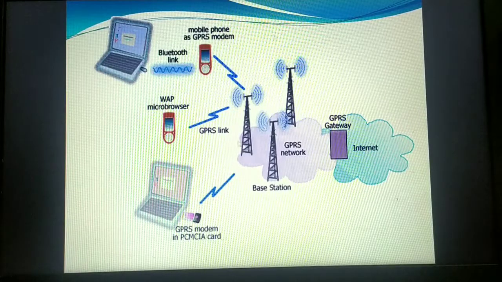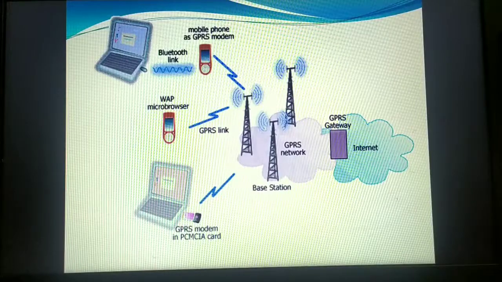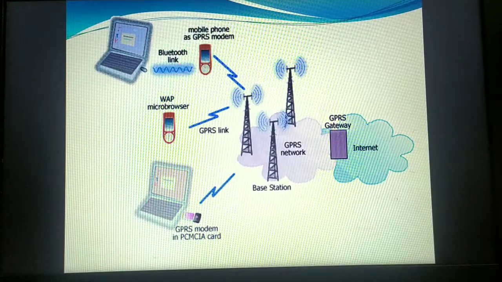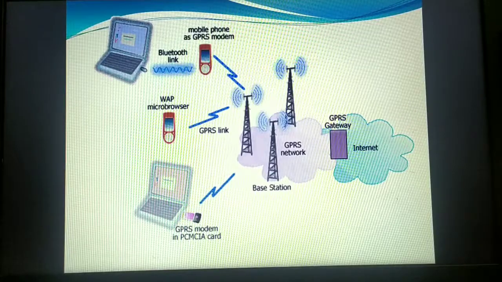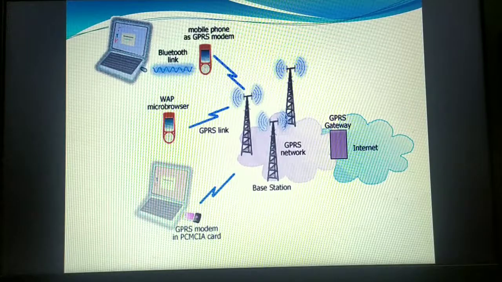But when GPRS came into consideration, it gave one important property: always on, always connected. This means that if you are connected to the internet and are not downloading or uploading anything, you are not charged for that. Suppose the whole day I am not uploading, downloading, or browsing at all, but I keep the internet on in my mobile handset, I will not be charged, because not much internet data will be used.